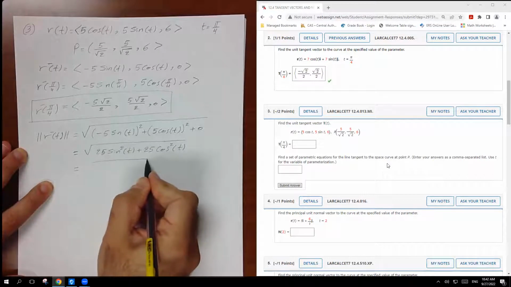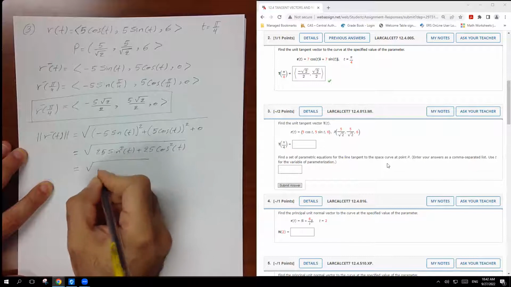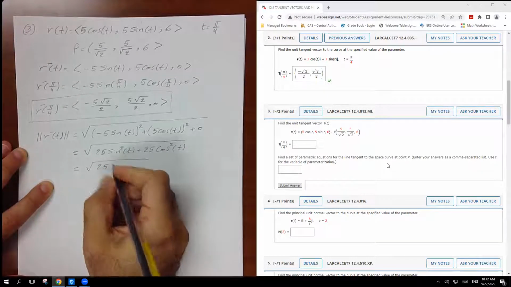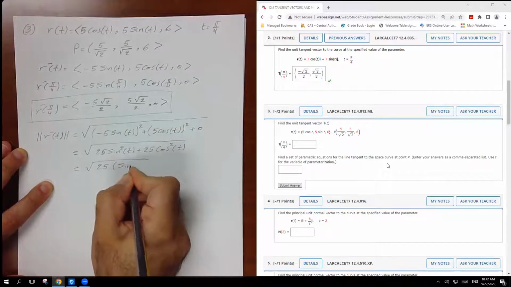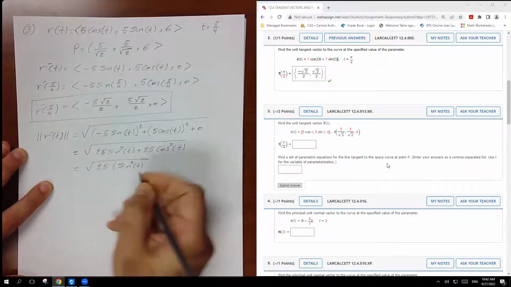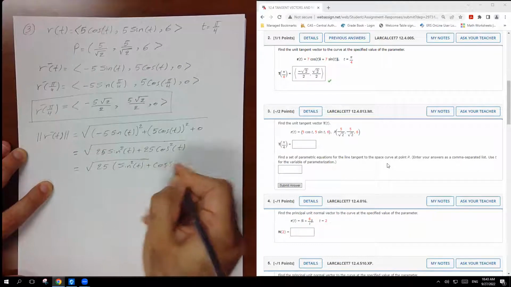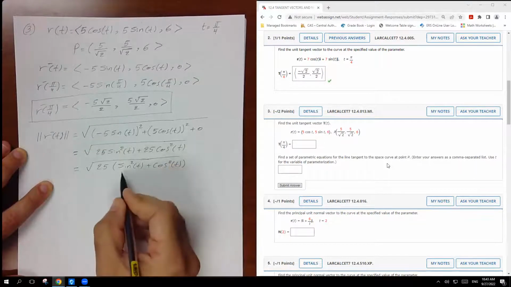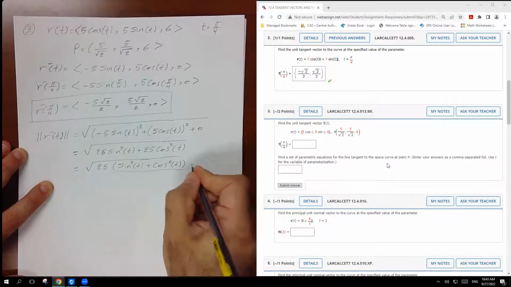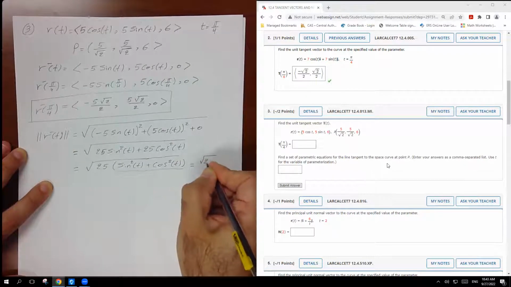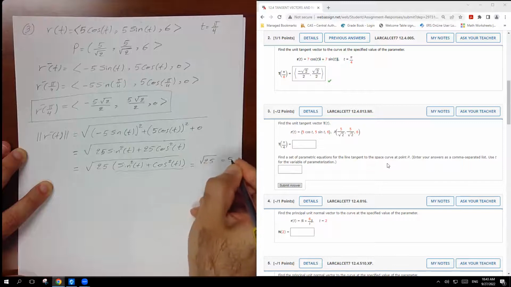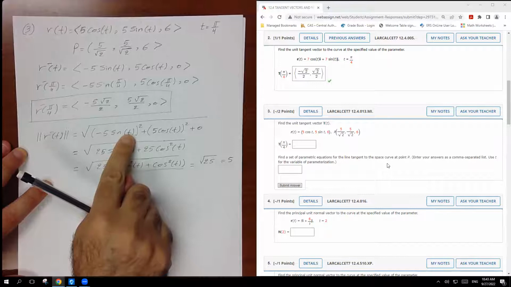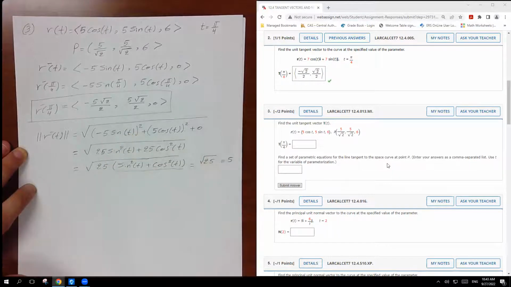I'm going to factor out the 25, and it's going to be sine squared of t plus cosine squared of t. This equals 1. That means it's going to be the square root of 25, which equals 5. If you want to plug in pi over 4, you're going to get exactly the same thing.